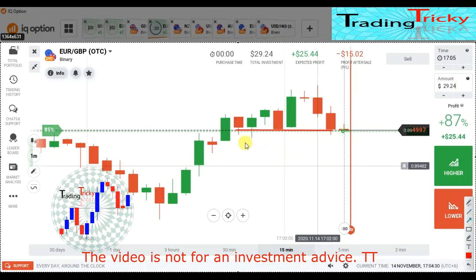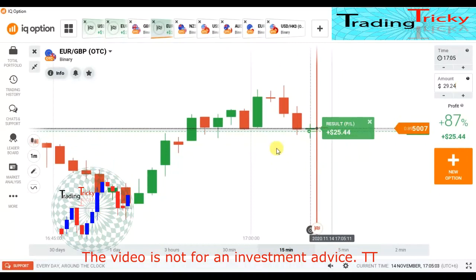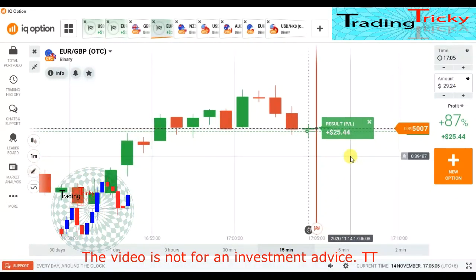Candle can close at the level, buyer's entry, again close, strong buyer's entry, again candle close at the levels with some rejection. So I'm expecting this candle will close at least as a small red or green candle. If the candle closes small red, still I'll win this trade because of my entry point. So let's see. Okay, see, this is winning trade.